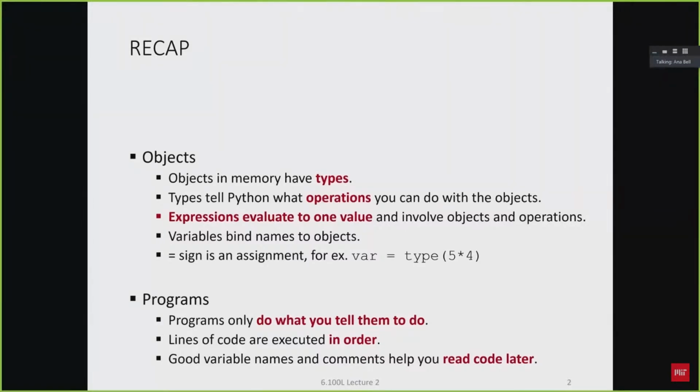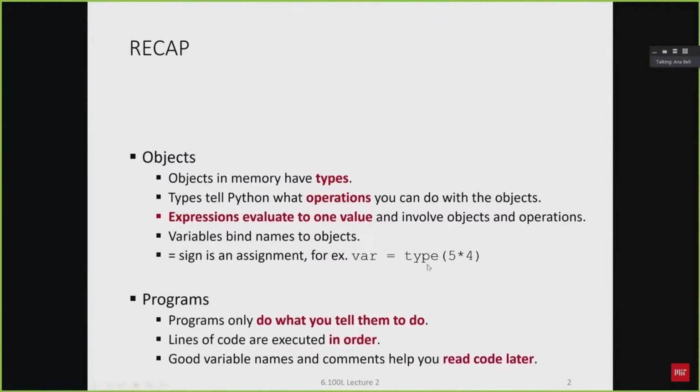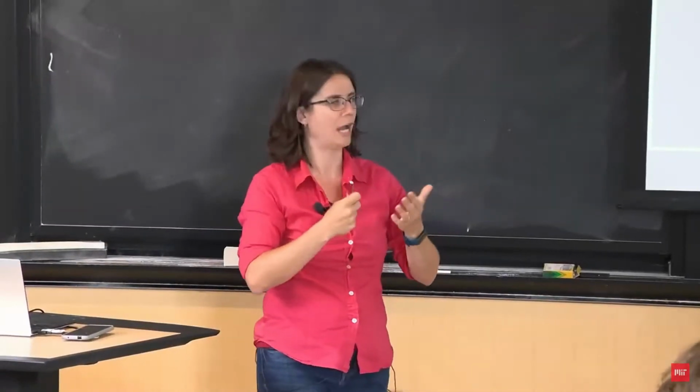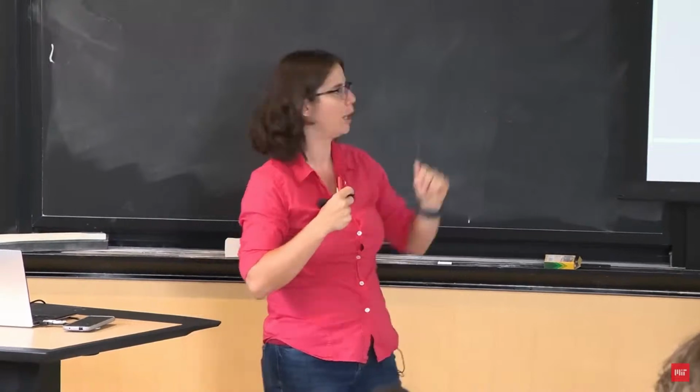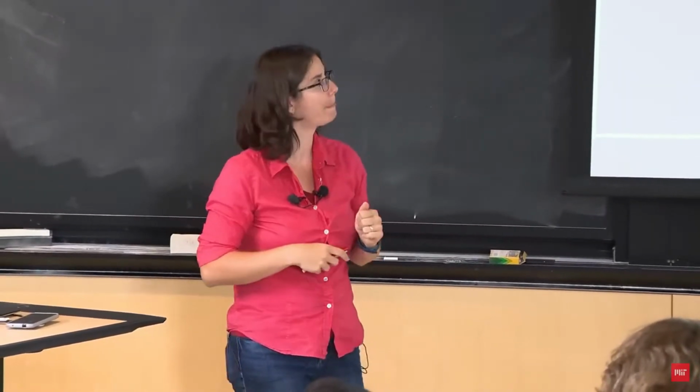With objects, you can also create expressions by combining objects together, and the expressions can either be things that we've seen in math, like with parentheses and with operator, like object, operator, object, or they can be things like this, which was kind of introduced in programming. It's an expression, but it's kind of a different one. It's more like a command, or I'm asking Python to do this operation for me. What is the object that comes back from this operation?